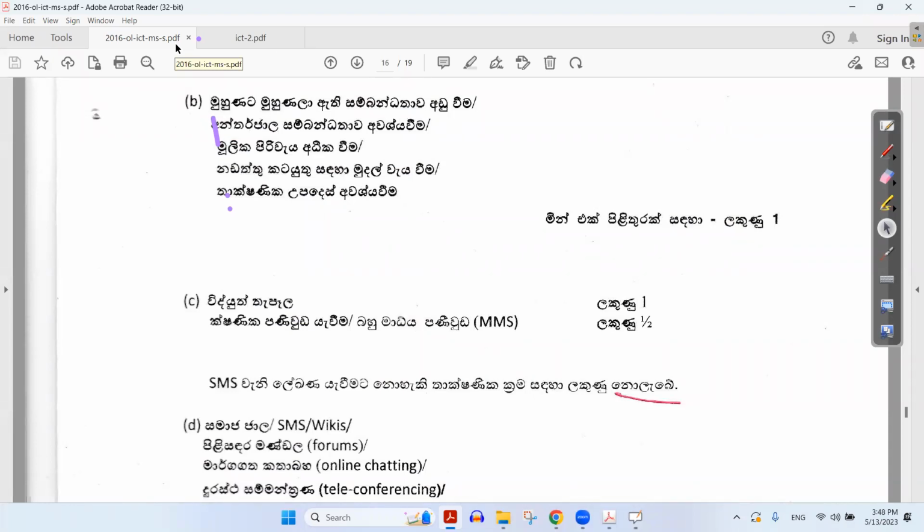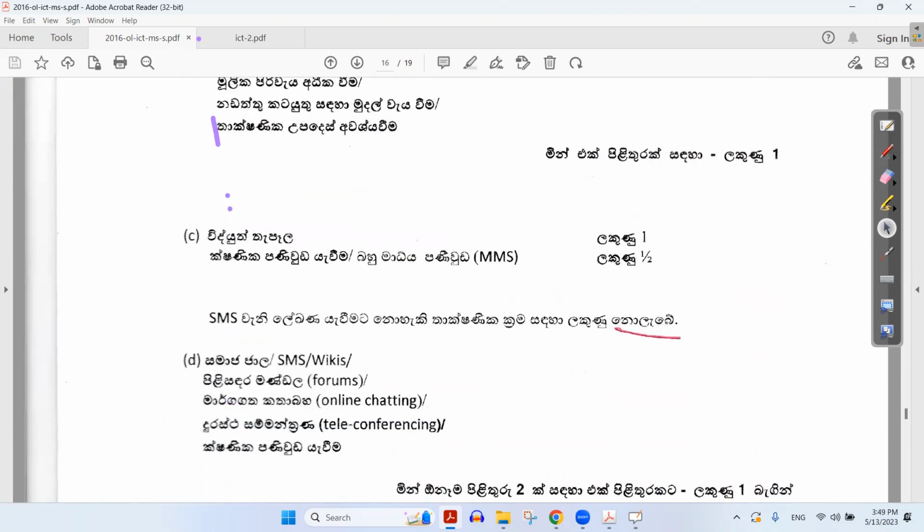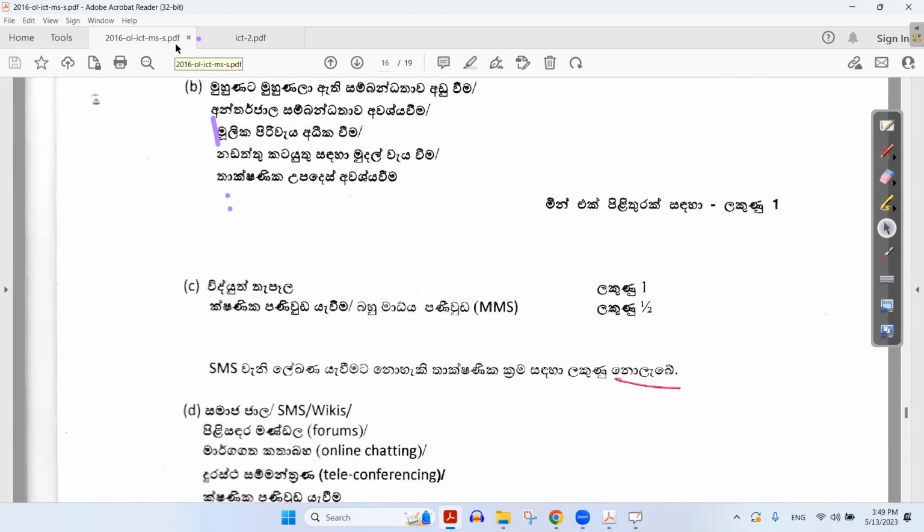Can be emails, can be IR chats or instant chats, right? So those can be taken. 1.5 marks.